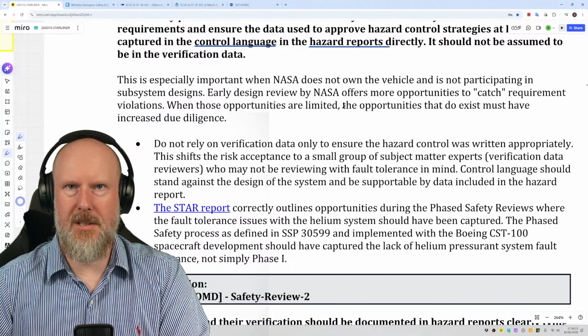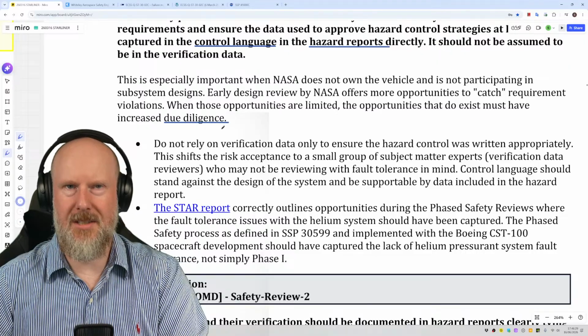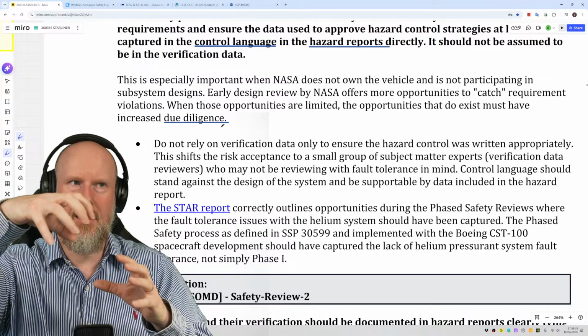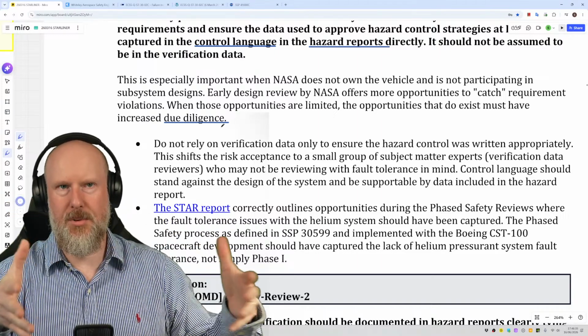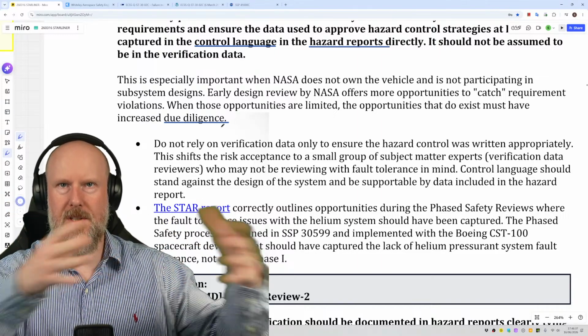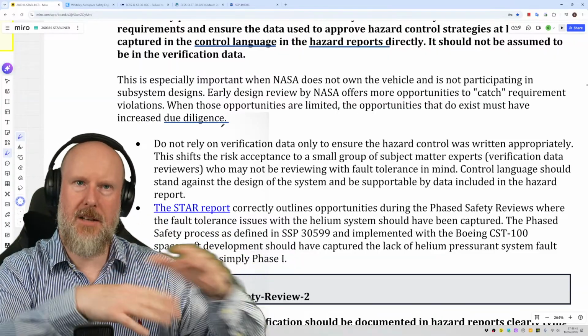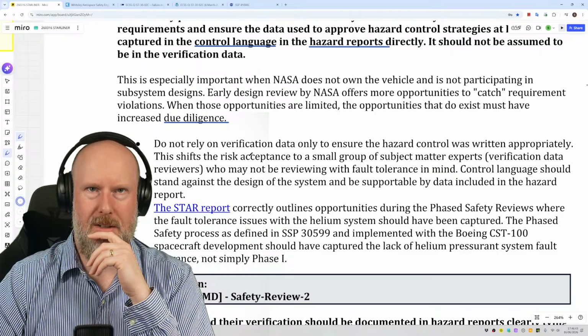When those opportunities are limited, the opportunities that do exist must have increased due diligence. Yeah, I agree, but this is talking about the control structure from a context of NASA being on the outside of the design process of the organizations and teams that are doing that. What about the recommendations for those teams themselves and how they're organized and how they do their work?